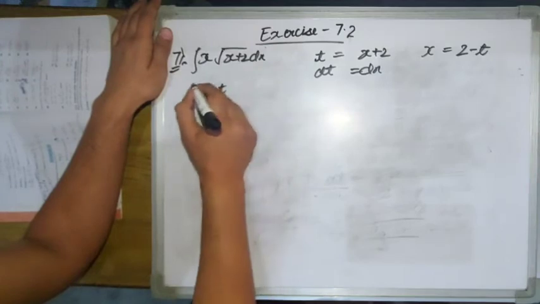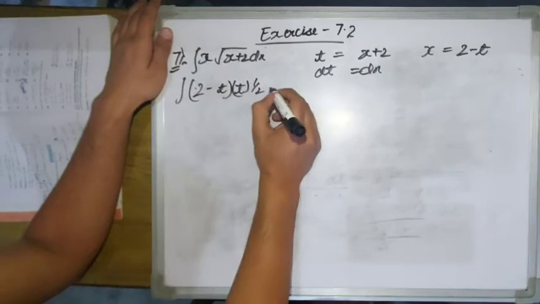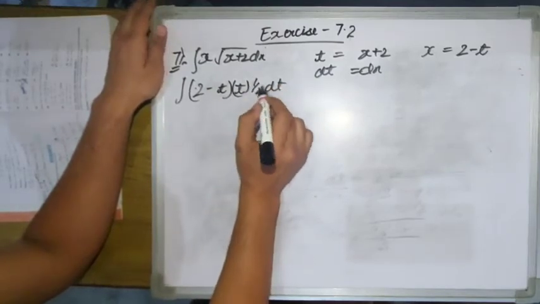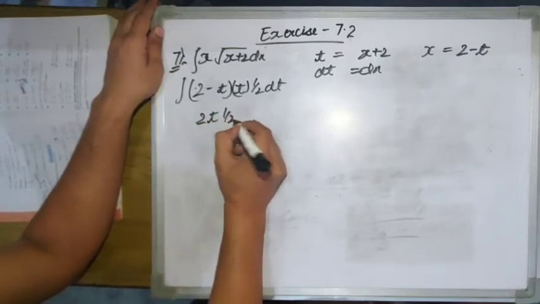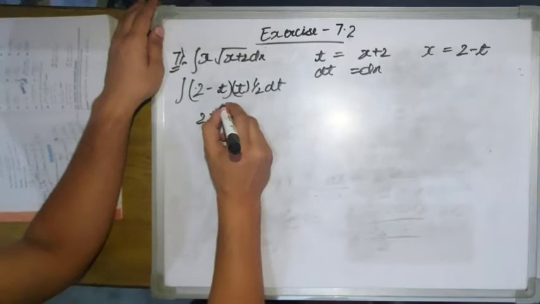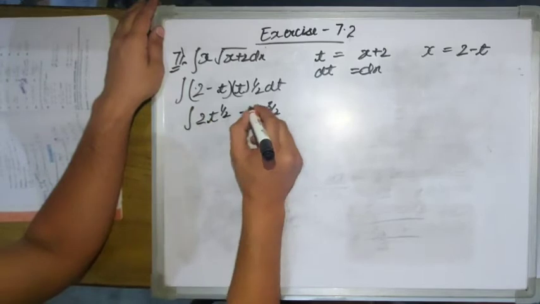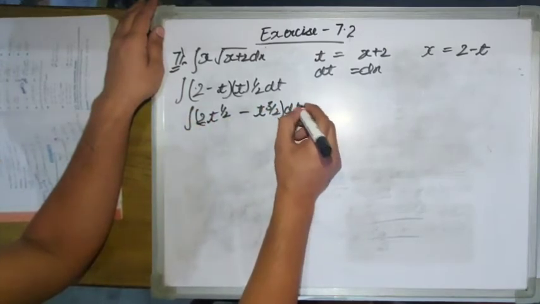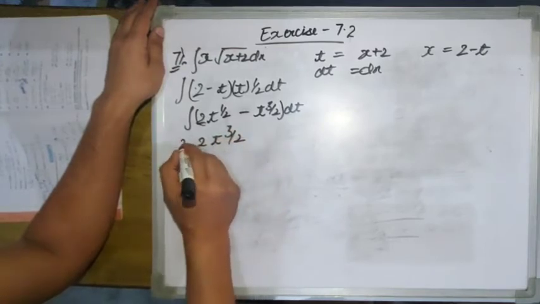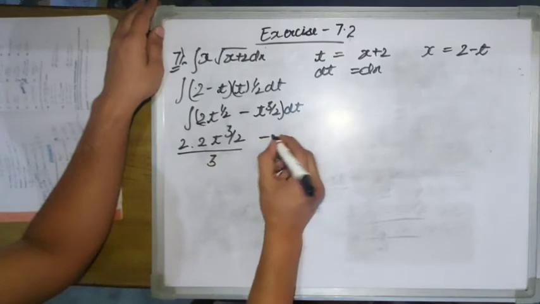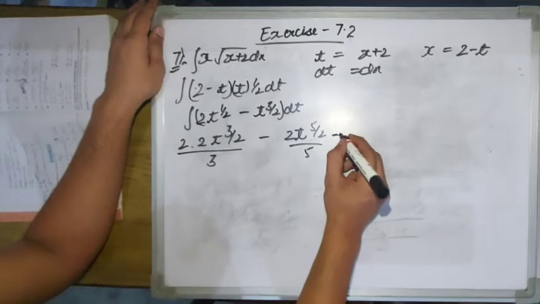Substituting the values, we have dt, and now multiplying this t raised to power 1 by 2 to the inner terms. This is the power of t: 2 t raised to power 1 by 2 minus t raised to power 3 by 2, and doing the integration now, we get 2 upon 3 minus t raised to power 5 by 2 by 5 plus c.